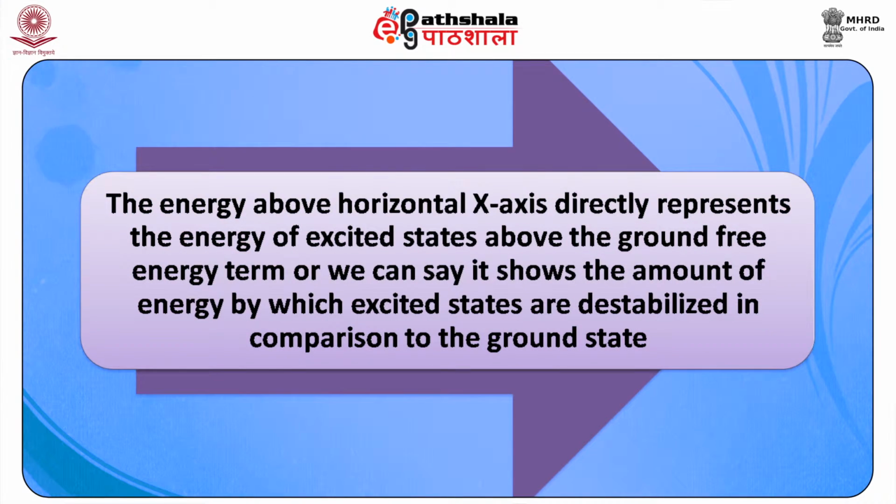The energy above the horizontal x-axis directly represents the energy of excited states above the ground free ion term, or we can say it shows the amount of energy by which excited states are destabilized in comparison to that of the ground state.